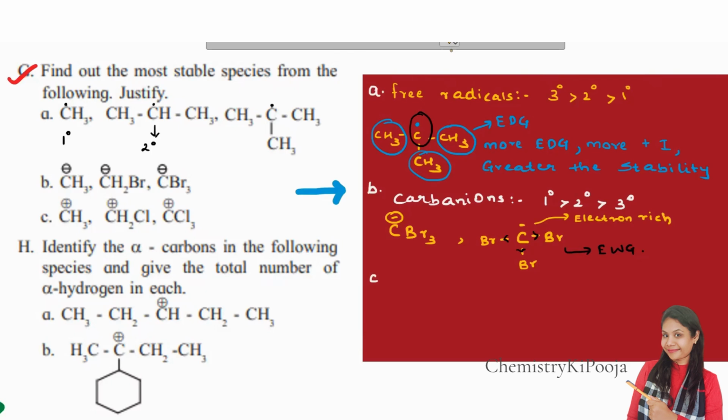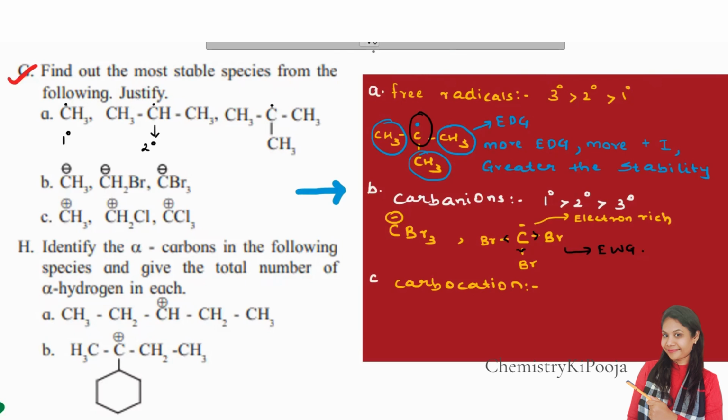Then the same concept we are going to look into for carbocation. Carbocation means the carbon which contains a positive charge, which means it is electron deficient. So the electron deficient carbon needs more and more electrons.